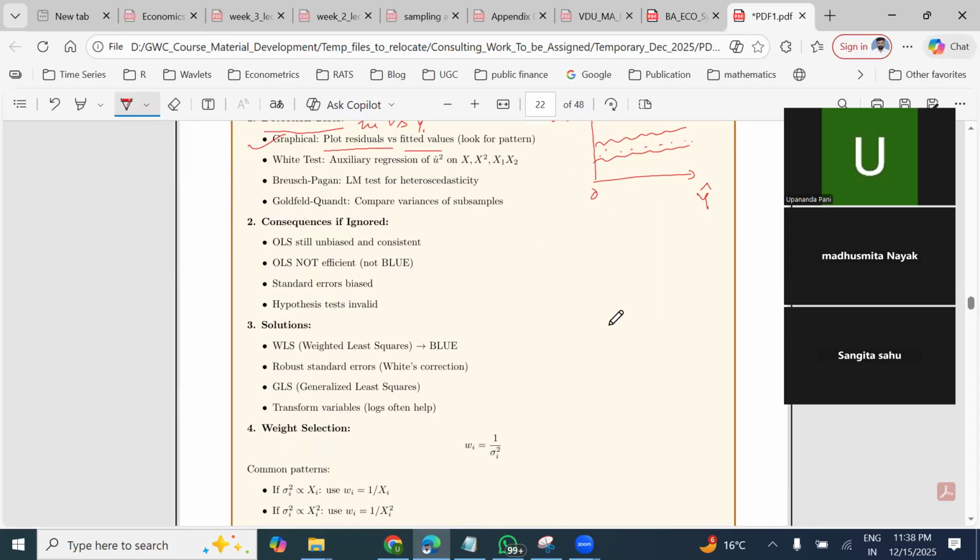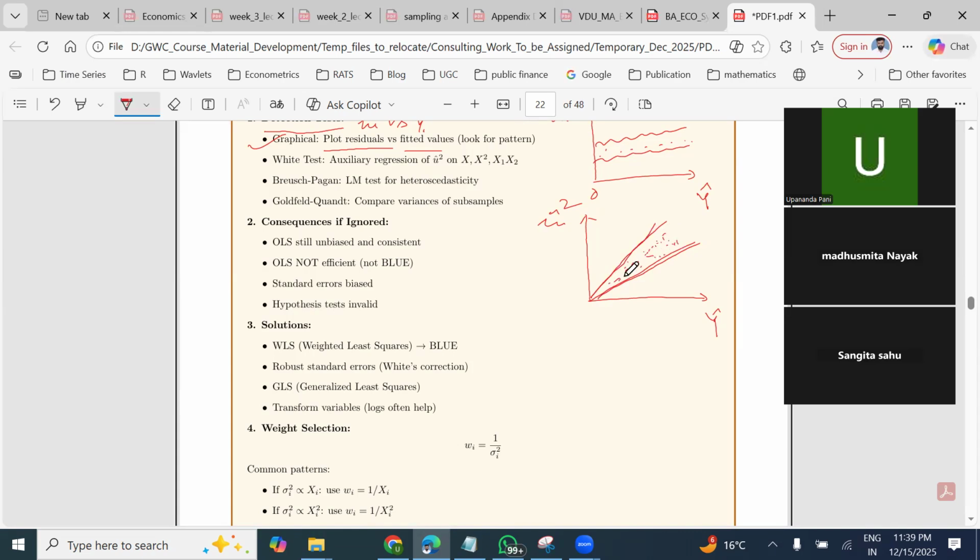But if there is heteroscedasticity, how will it be? I will just plot it. ui hat square, and this is y hat. So the pattern will be like this. This difference will increase. This will be a little wider, means it will increase and increase.